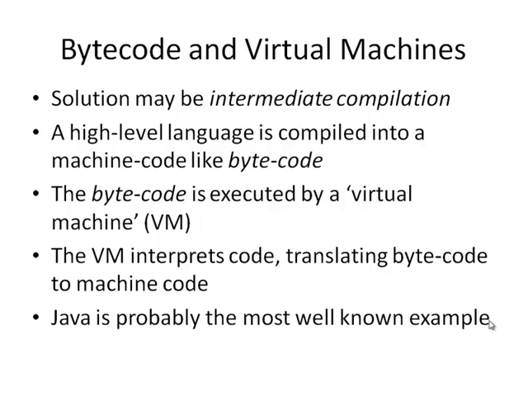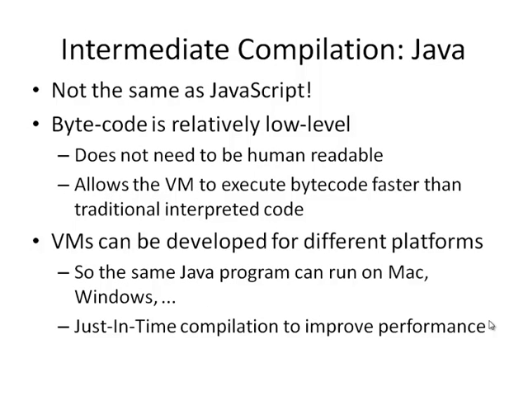So although the virtual machine is doing interpretation, because the program has already been partially compiled to this bytecode, that interpretation should be more efficient than it would be if it was simply a basic program, for example. So for Java, now note, Java and JavaScript are not the same. JavaScript is a scripting language that can run on a web server or in a web browser. Java is a programming language that gets compiled to bytecode for running in a virtual machine.